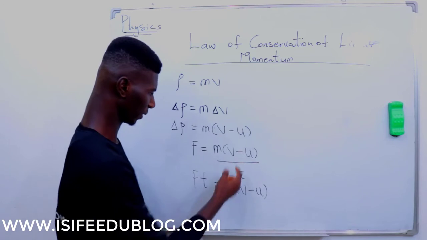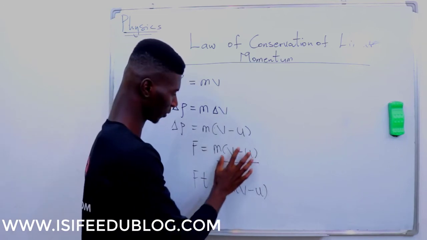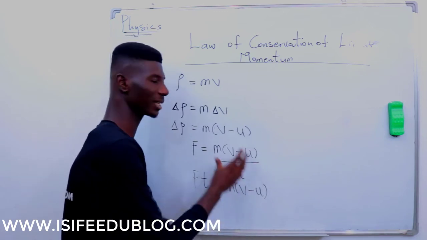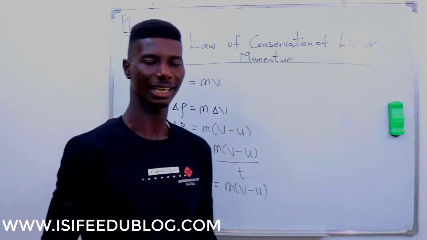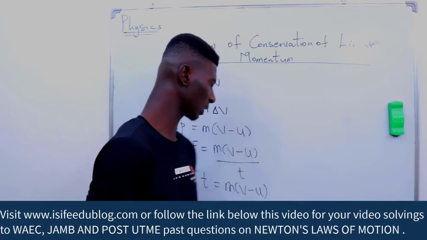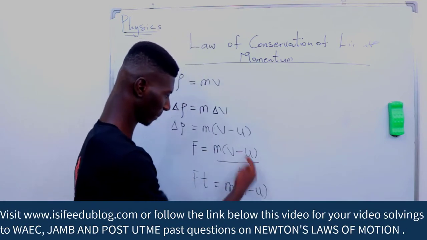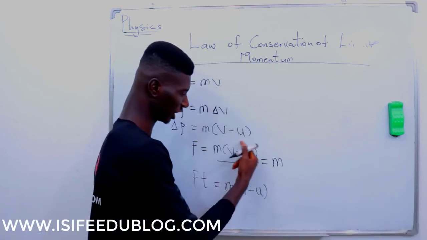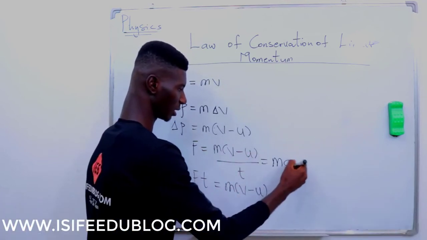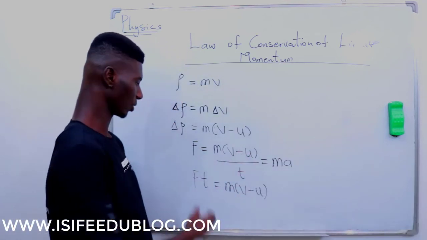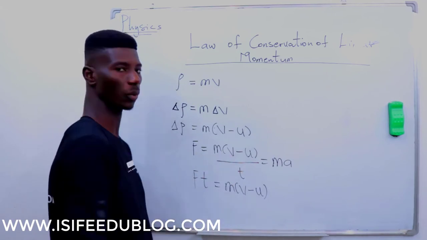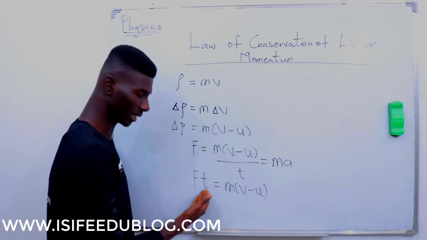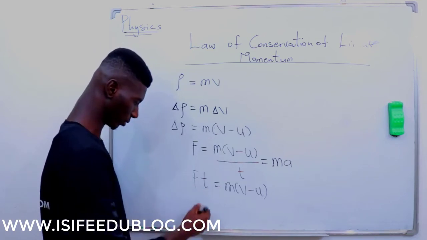But we know that when there is a change in velocity, automatically there is acceleration. So mass times change in velocity over time is equal to what? Acceleration. This is how we got that force is equal to mass times acceleration.